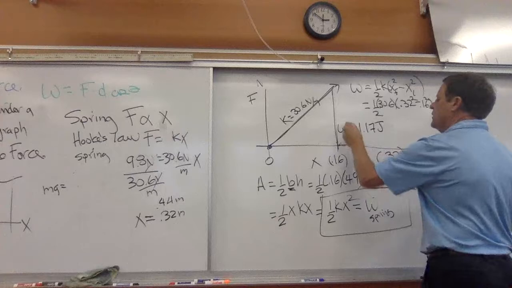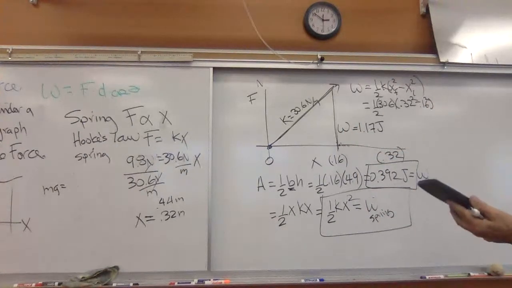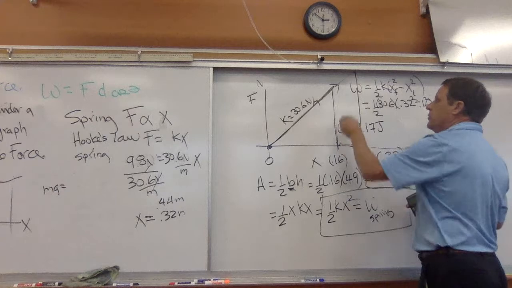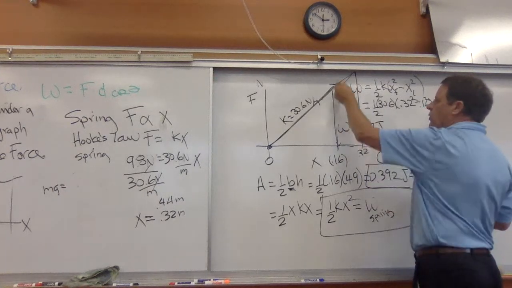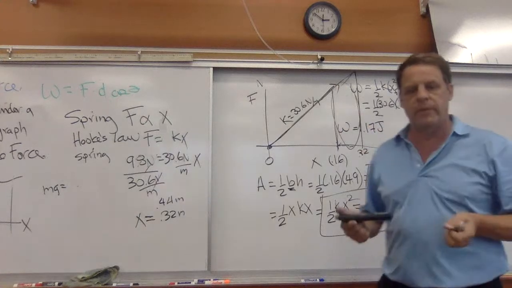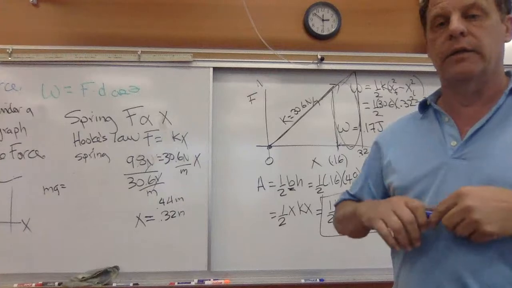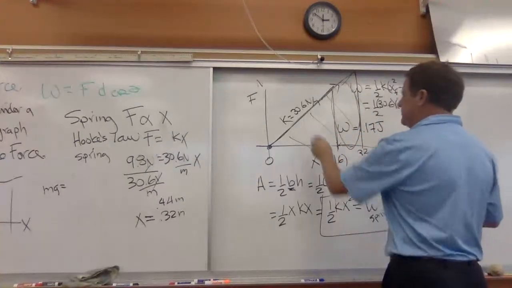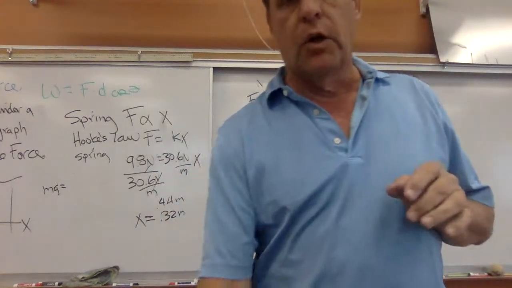So if we think about how much work that is, remember that when we subtract that, this is 0.32, we're going to end up in this section as a trapezoid, okay? That can be a little bit tricky, but it's going to be the big triangle minus the little triangle.